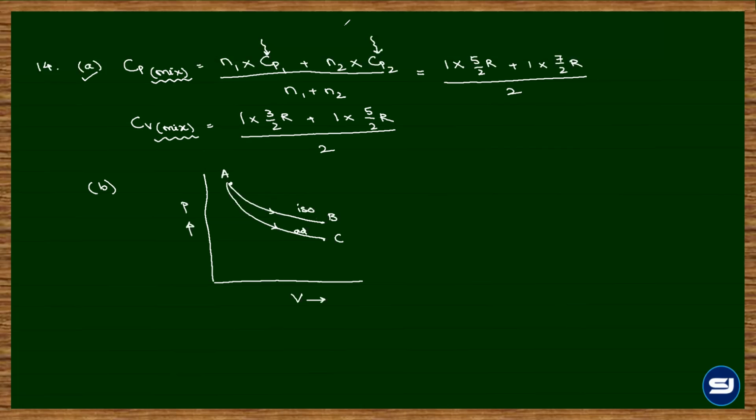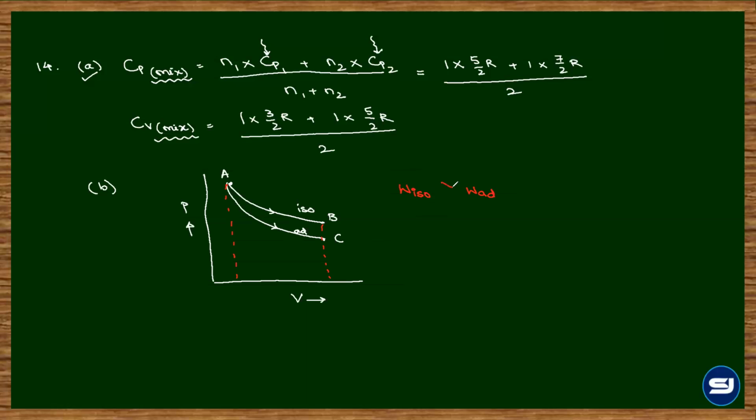Now for this particular process, if I want to get the work done, just take the area under the curve. So comparing the work for isothermal versus adiabatic, the work for isothermal is greater, but it comes with a condition.